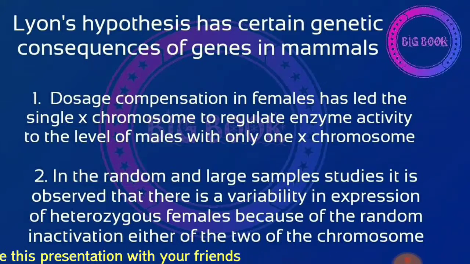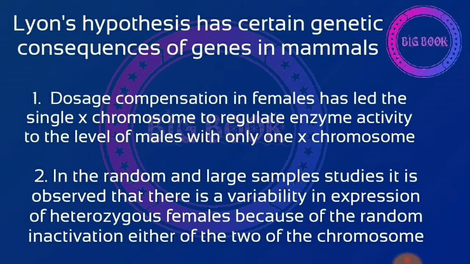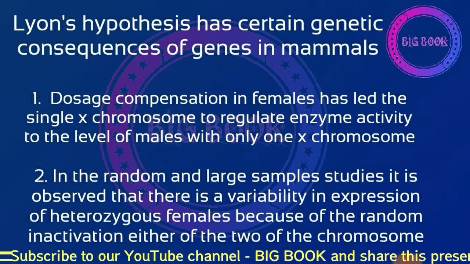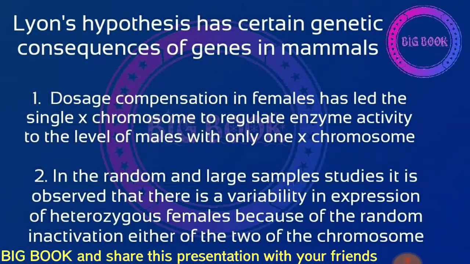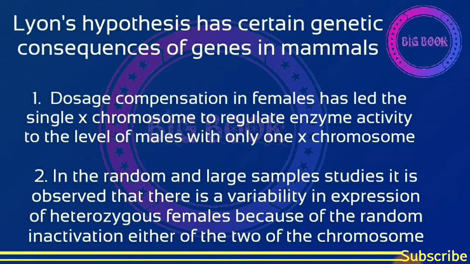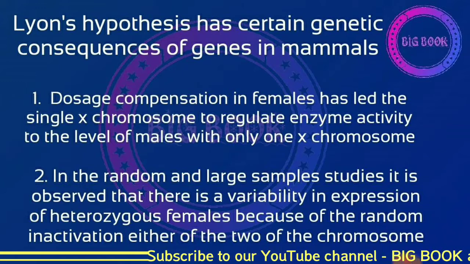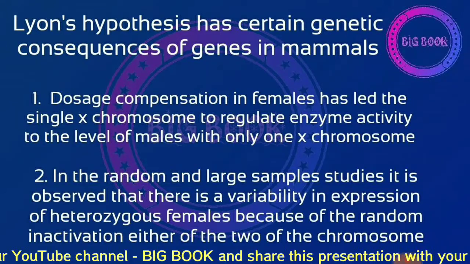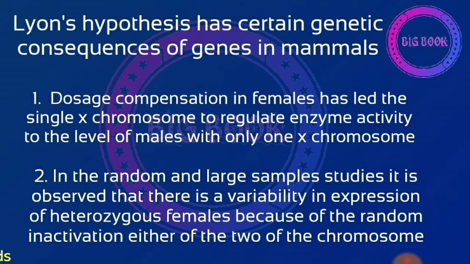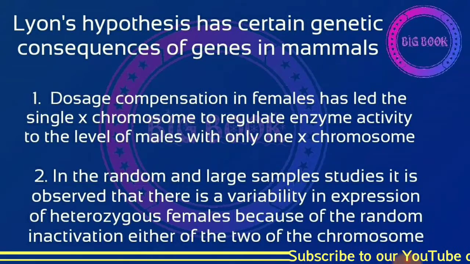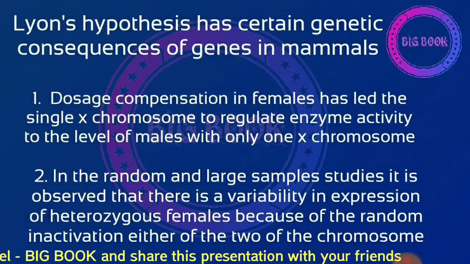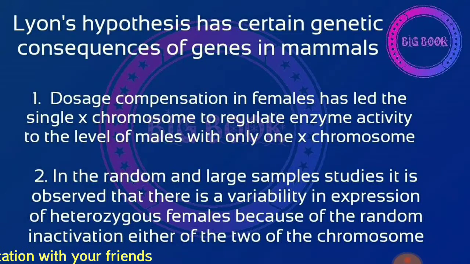Lyon's hypothesis has certain genetic consequences for genes in mammals. Dosage compensation in females has led the single active X chromosome to regulate enzyme activity to the level of males, with only one X chromosome. Dosage compensation is nothing but the expression of the genes present in females.